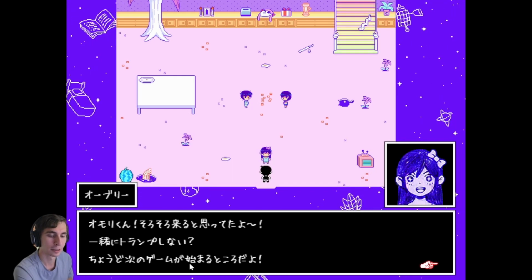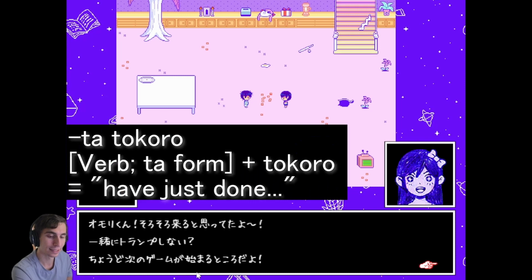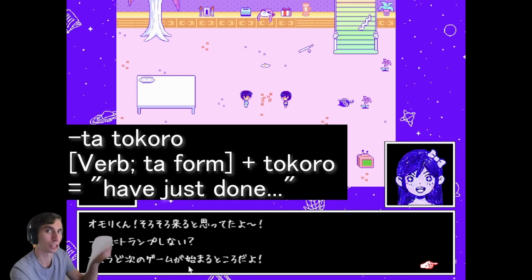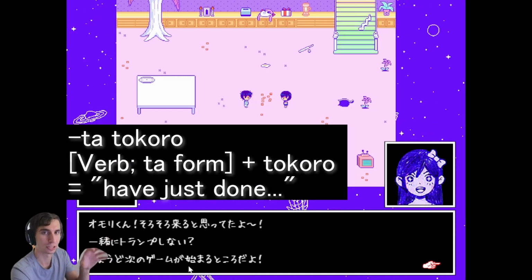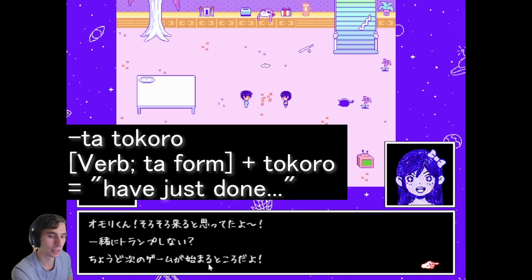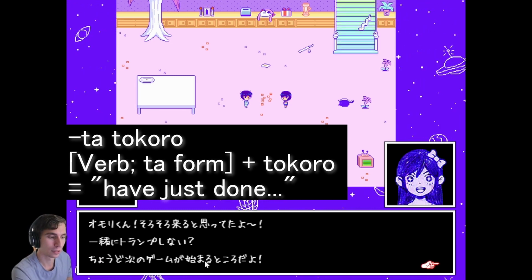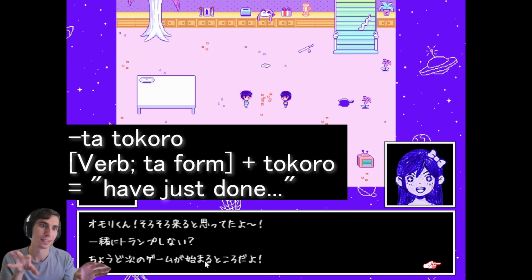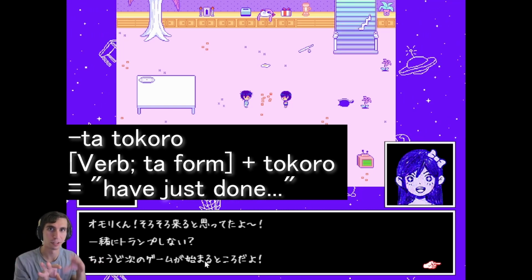Hajimaru. If this was in past tense, then it would mean we had just started. So tokoro is very useful for meaning when you want to specify what you were about to do or what you have just done.